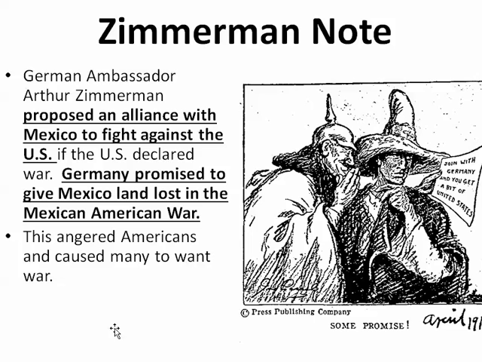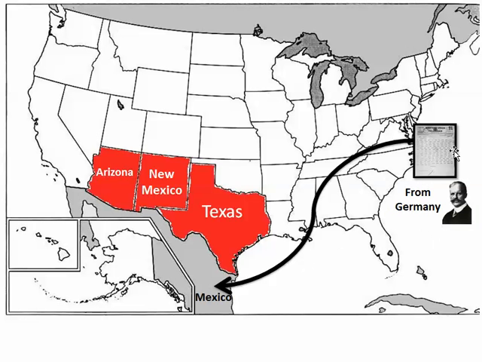This is going to anger a lot of Americans and make them want even more to declare war on Germany. So this letter was sent down to Mexico, promising to give back Arizona, New Mexico, and Texas in the event Germany won.